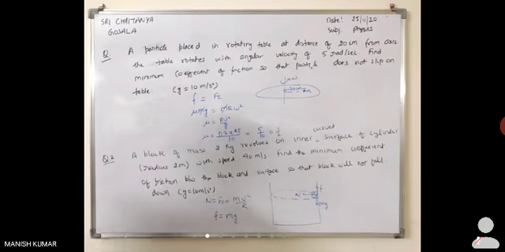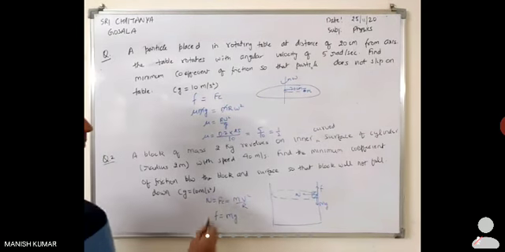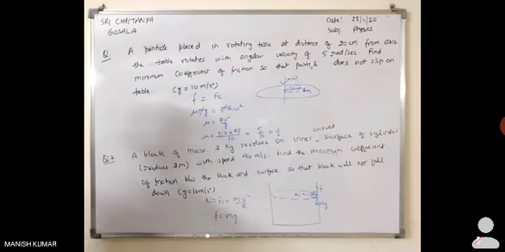Yes or no? But in limiting case, because they are asking the minimum coefficient of friction, friction will be limiting. So mu N is nothing but mg. So mu m v square by r is equal to mg. Mass is gone. So mu is nothing but r g upon v square.